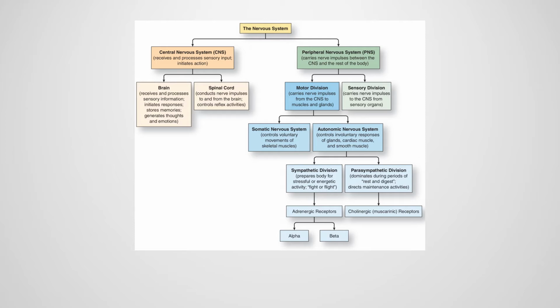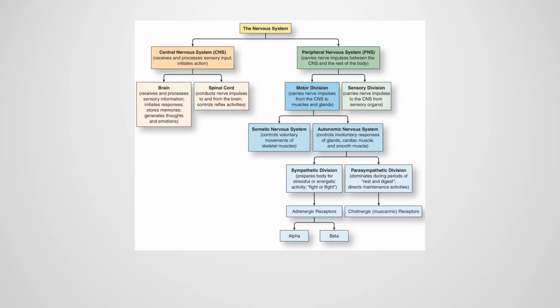The parasympathetic system uses cholinergic receptors. So if you say the cholinergic system, so acetylcholine, so cholinergic, you're referring to the parasympathetic system. So acetylcholine is the main neurotransmitter, and we call the receptors cholinergic receptors or muscarinic.